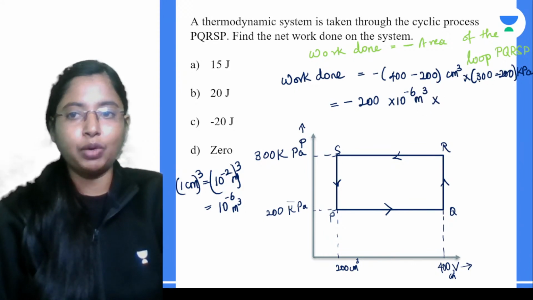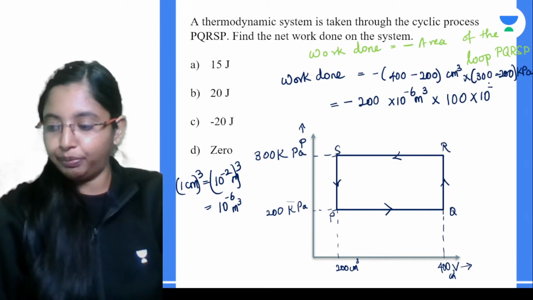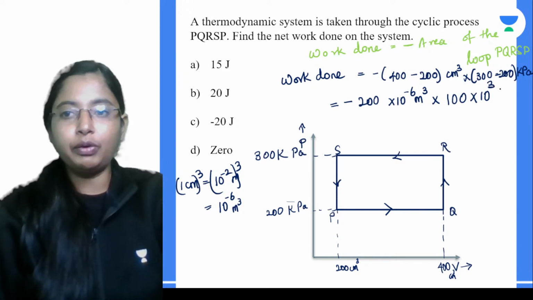Another term we have is what? This value, 300 minus 200, that is 100. Kilo is 10 to the power of plus 3, into Pascal. How do we express Pascals?